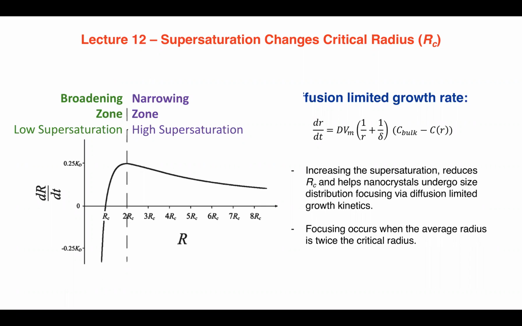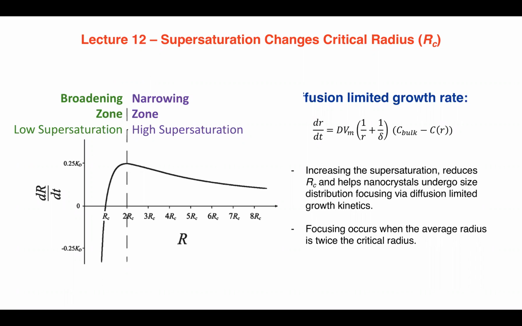And Sugimoto came up with this description that relates this size dependence of the growth rate to the supersaturation. Okay, and so I'm not going to really walk you through this too much, but you can read about it in his paper. All right, this is the growth rate.